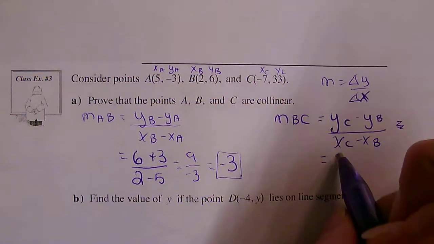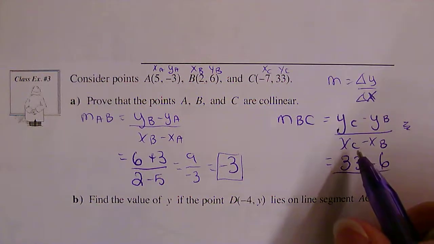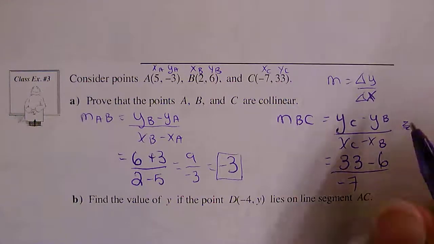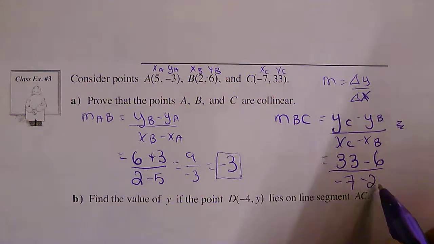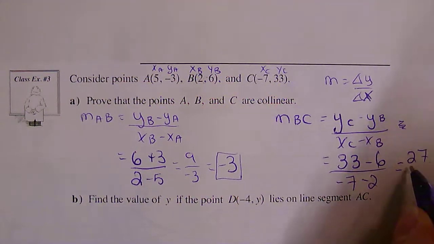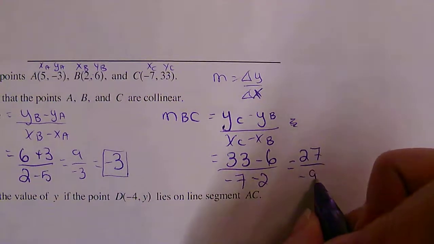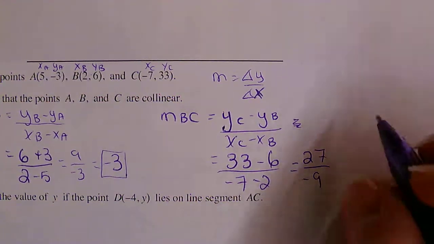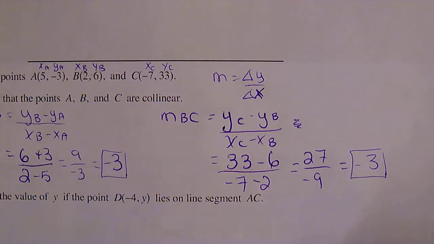YC is 33, YB is 6, XC is negative 7, XB is 2. So 33 minus 6 is 27. Negative 7 subtract 2 is negative 9. 27 divided by negative 9 is negative 3.